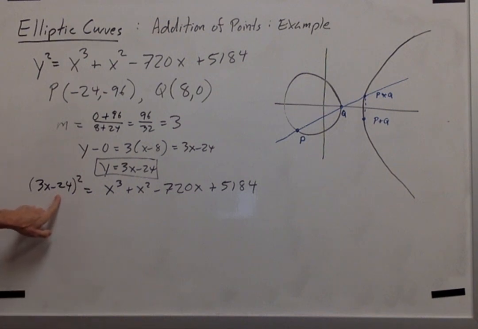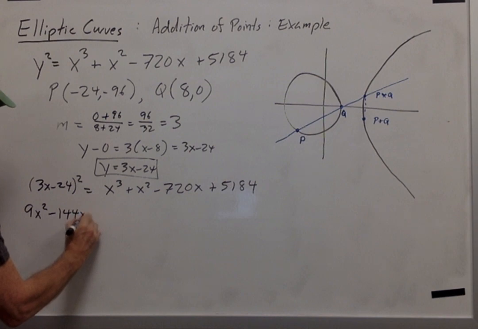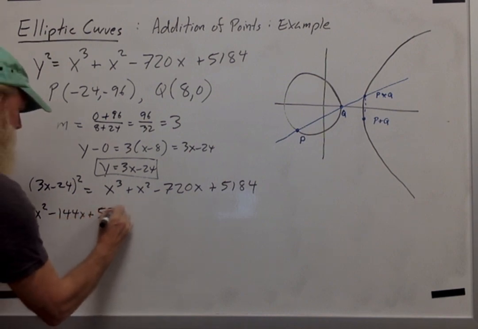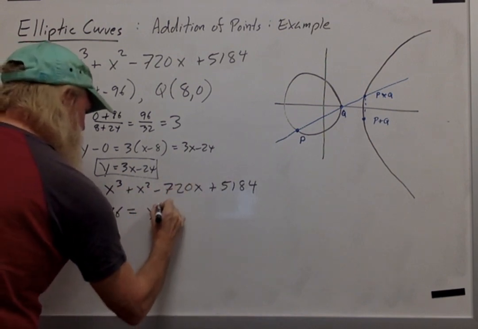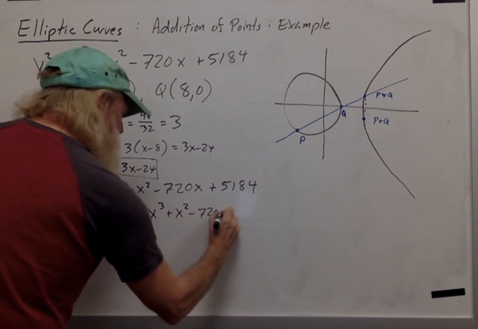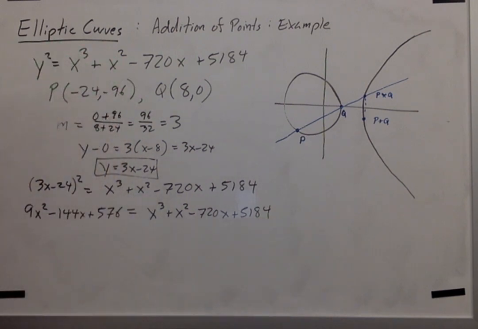If we expand out the left side, we get 9x squared minus 144x plus 576 equals this right side. And then we can subtract so that we have a cubic polynomial equal to 0.